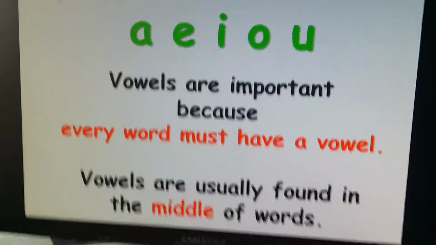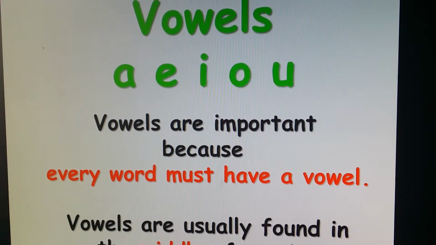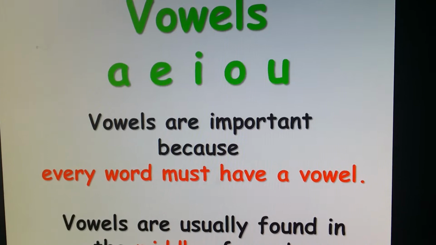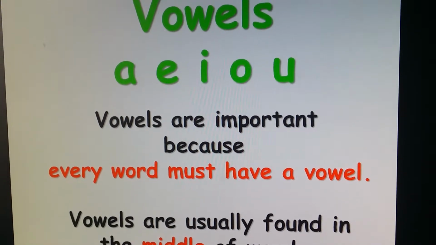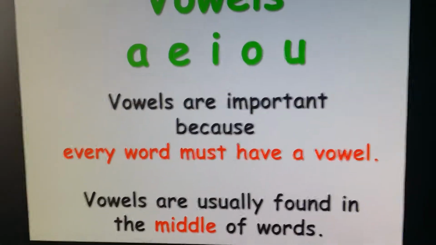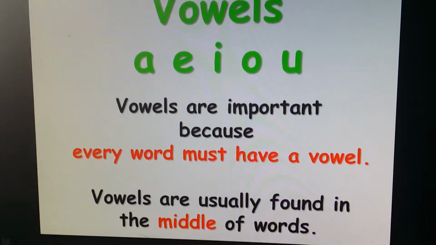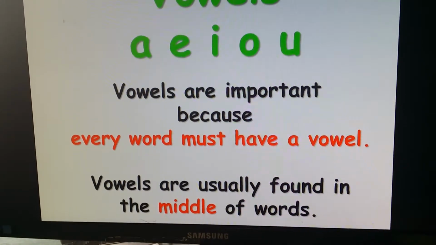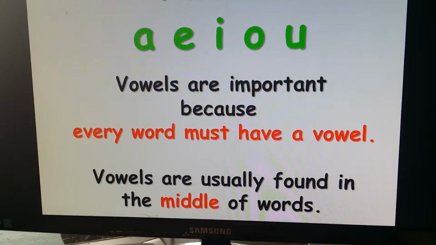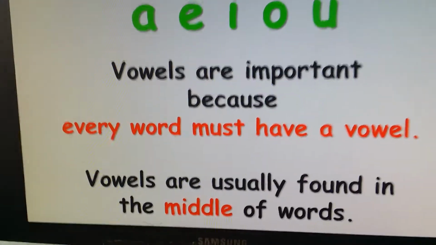And you remember the vowels are A, E, I, O, and U. And vowels are important. Why? Because every word must have a vowel. And vowels are usually found in the middle of a word. Now, vowels can start a word, but usually we find vowels in the middle.